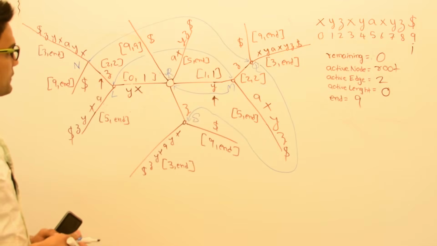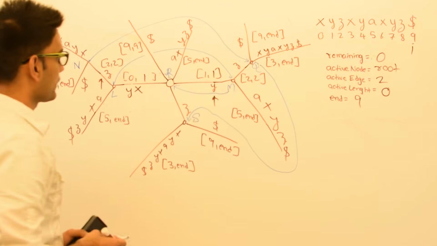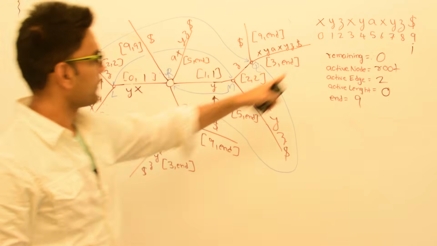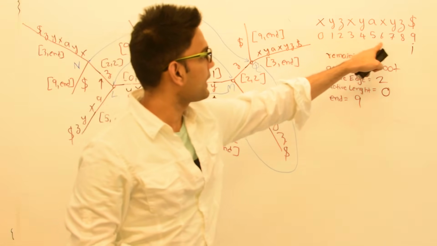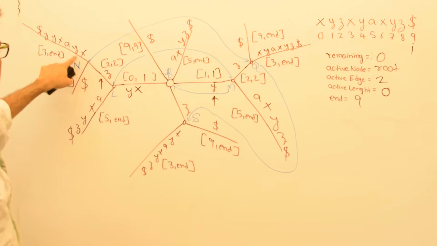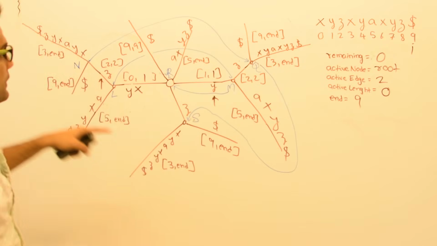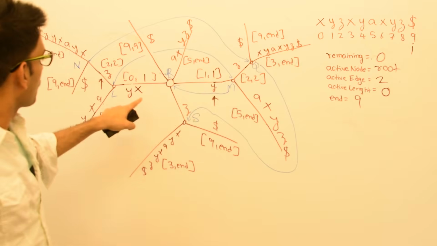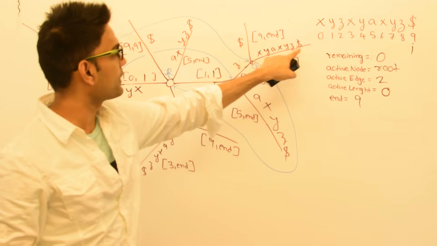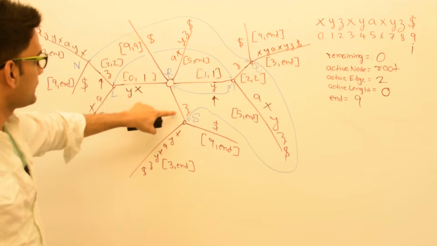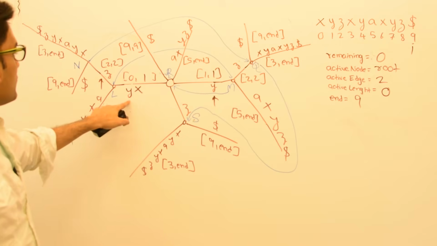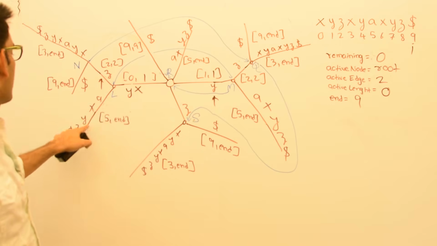Let's make sure that all the suffixes are represented in this tree. So first is XYZ, XYA, XYZ dollar. Second one is YZ, XYA, XYZ dollar. Third one is Z, XYA, XYZ dollar. Fourth is XY, A, XYZ dollar.